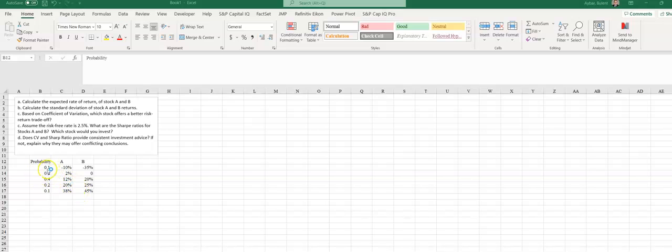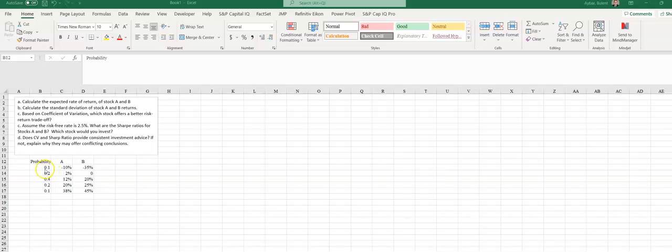So we have a situation, let's say state of the world, where the probability of occurrence of that state of the world is 10%, and if that state of the world emerges, there is going to be a minus 10% return. This might be a situation where the economy might be in a recession.